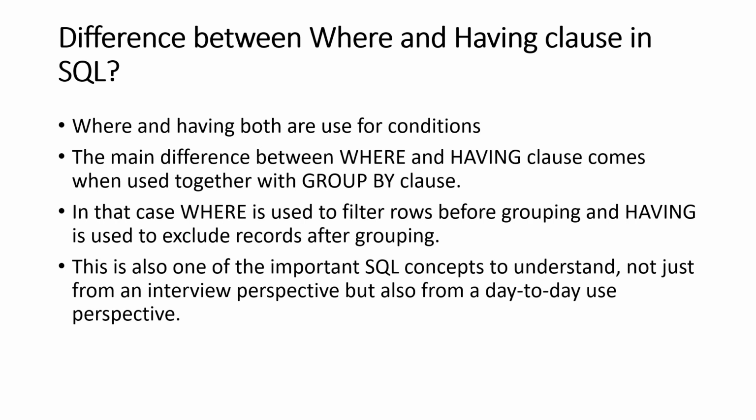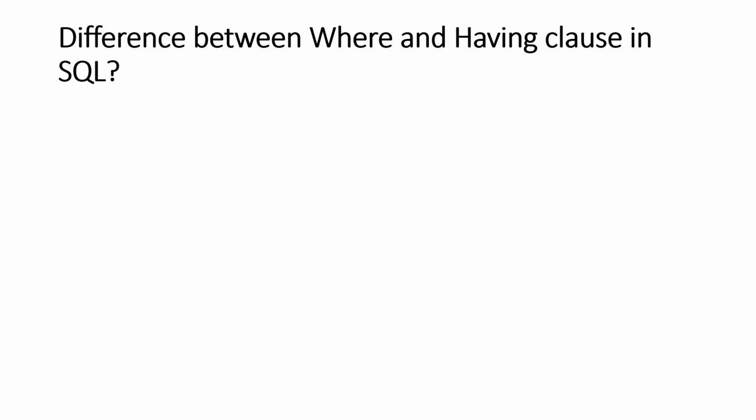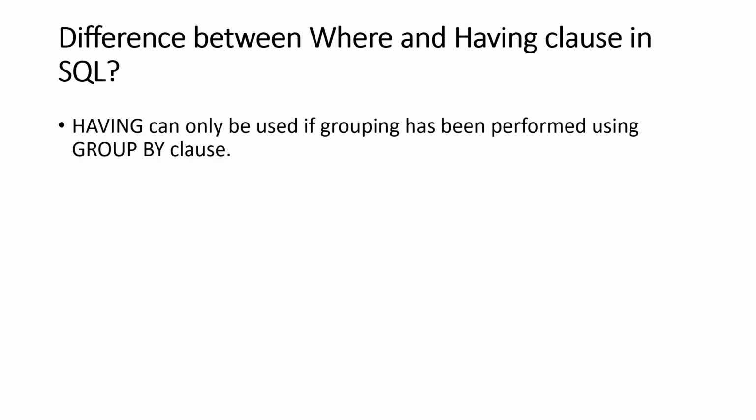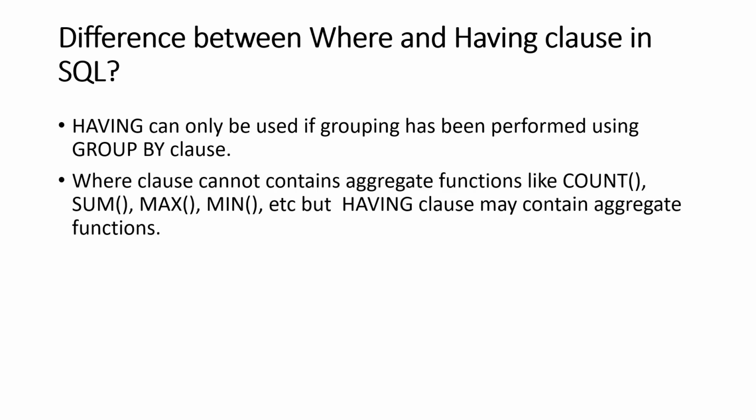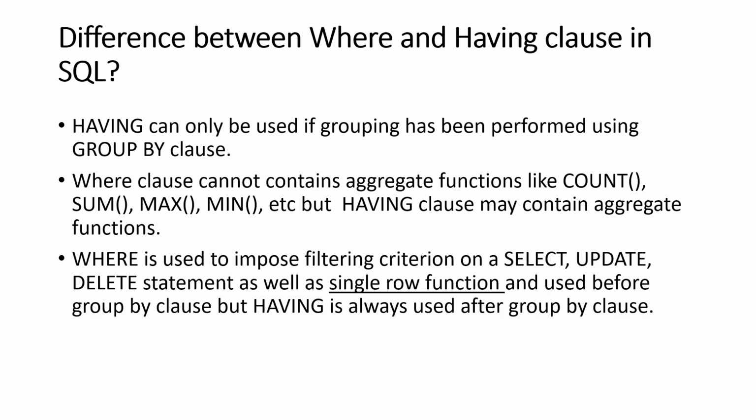This is also one of the important SQL concepts to understand, not just from an interview perspective but also from a day-to-day use perspective. HAVING can only be used if grouping has been performed using GROUP BY clause. WHERE clause cannot contain aggregate functions like COUNT, SUM, MAX, MIN, etc. But HAVING clause may contain aggregate functions.